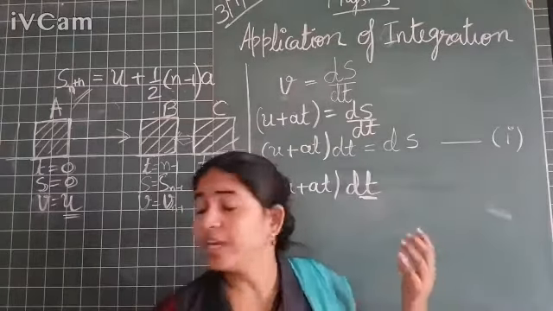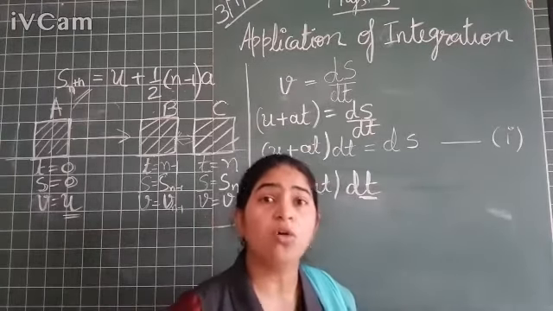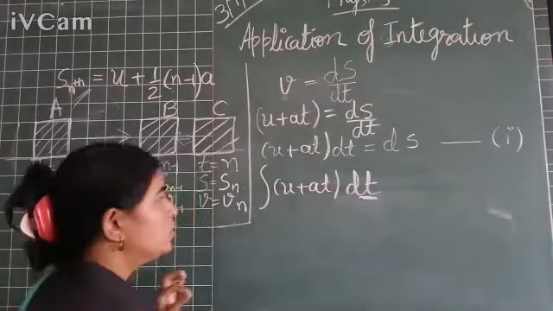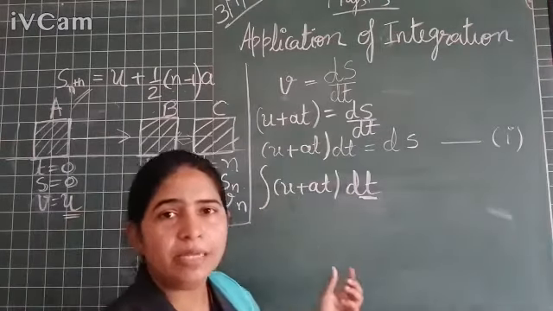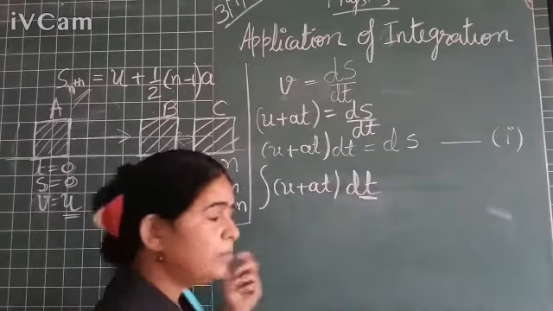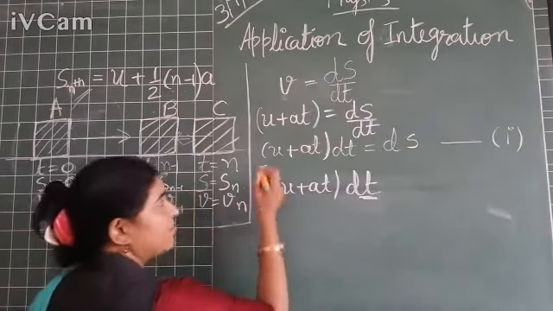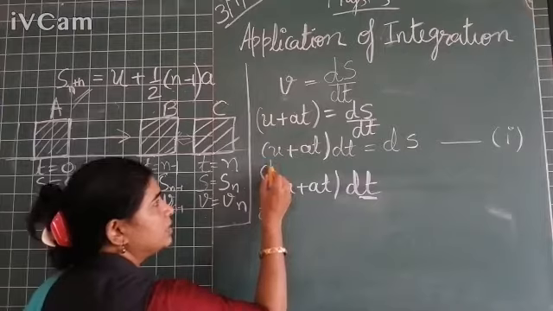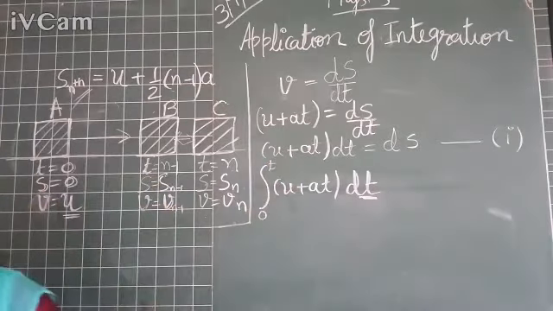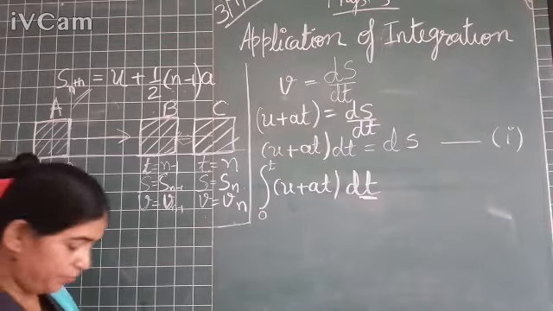Here you are going to carry out the integration with respect to time, right? So यहाँ पे जो limit आएगी, the upper limit and the lower limit. Lower limit is the initial value. Initial value of time is 0, and the final value of time is t. Right?